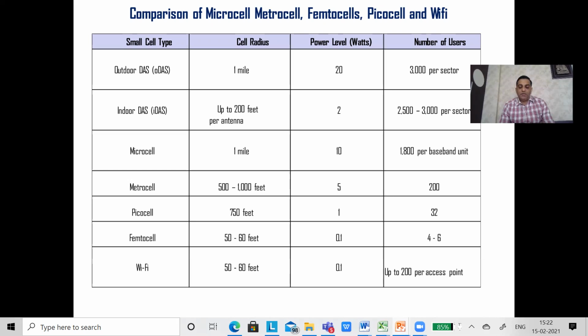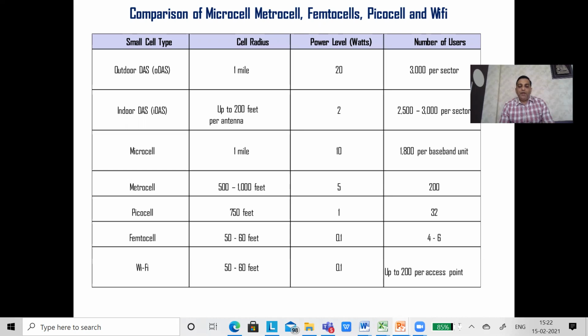Picocells use both wired connections and fiber connections, and installation of a picocell can be performed only by the operators, not by the users. The cost of a picocell is again cheap compared to microcells.